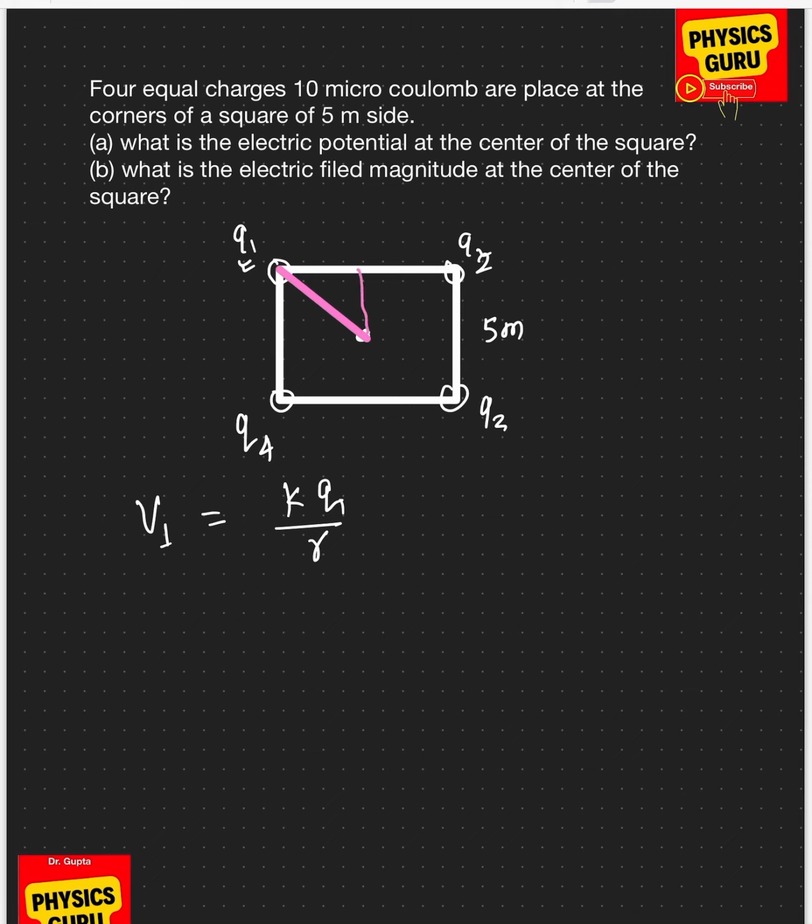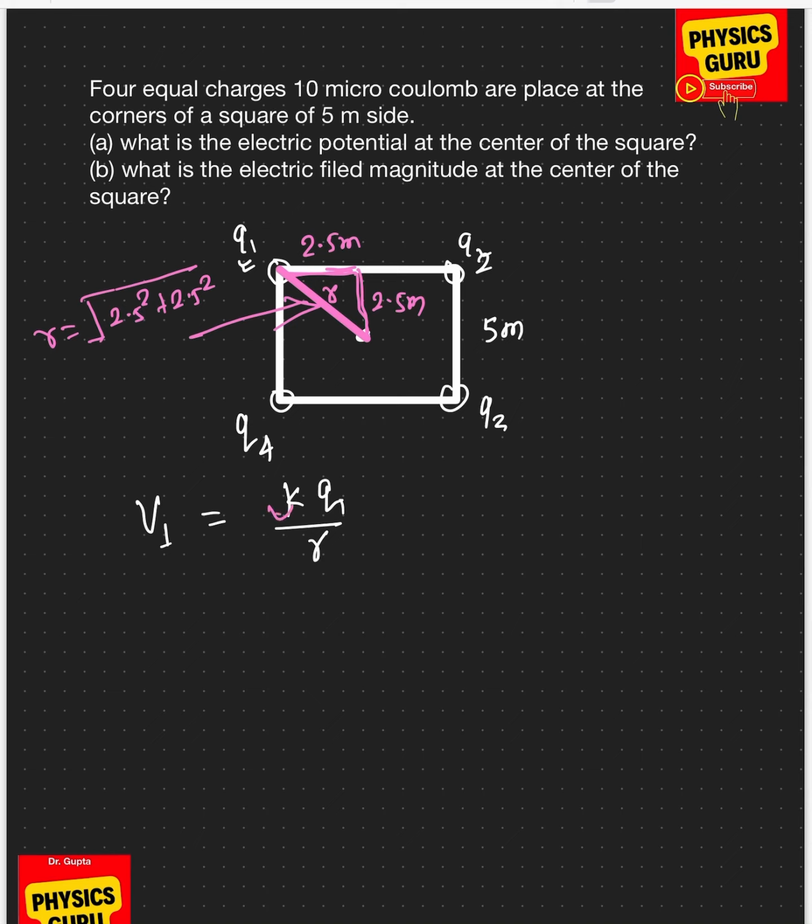So how do you find out this R here? You know this distance, which is 2.5 meter. This is also 2.5 meter because this is a square. So R would be given by 2.5 squared plus 2.5 squared.